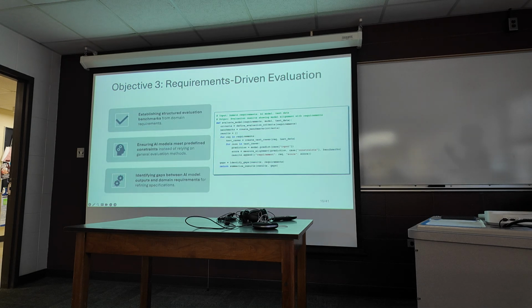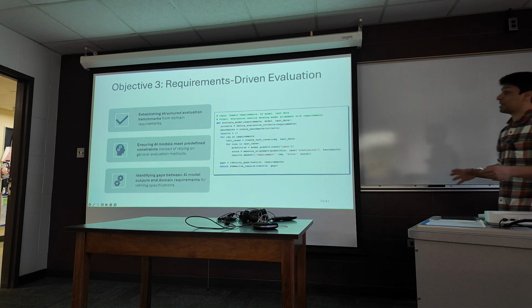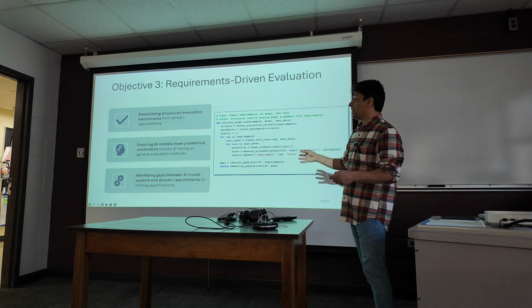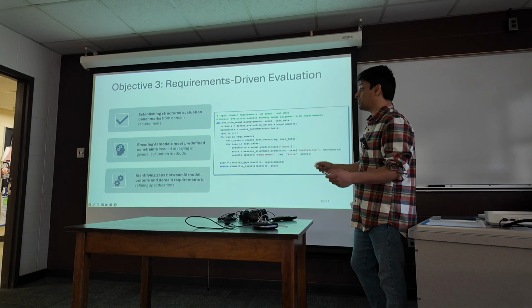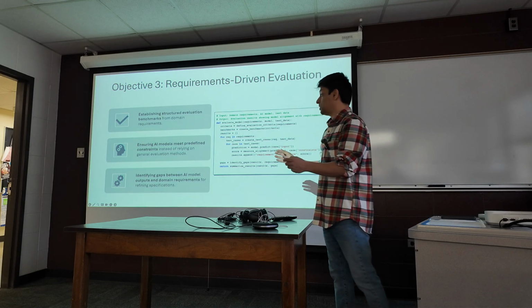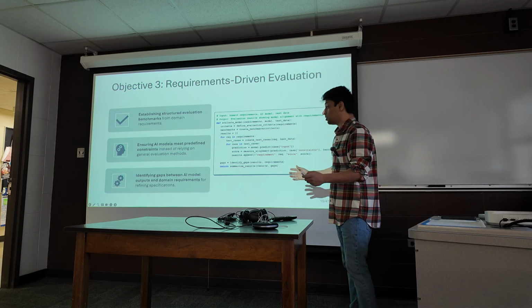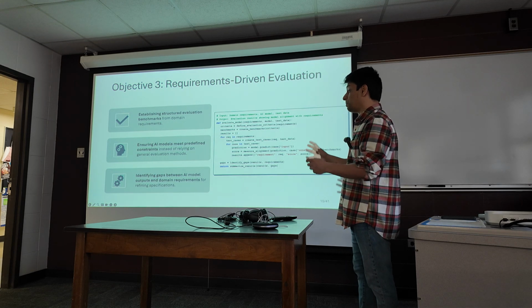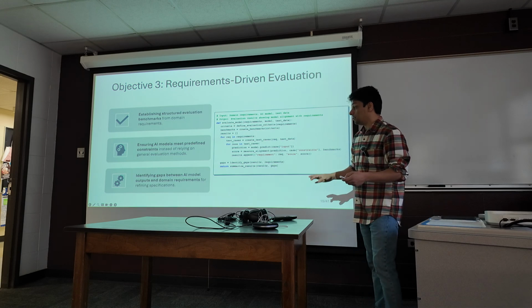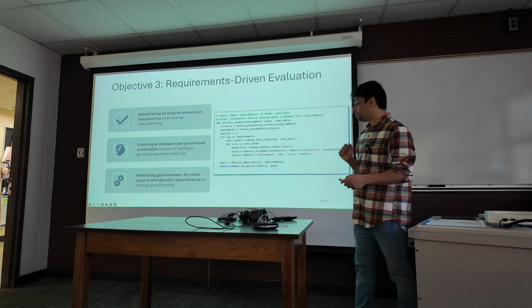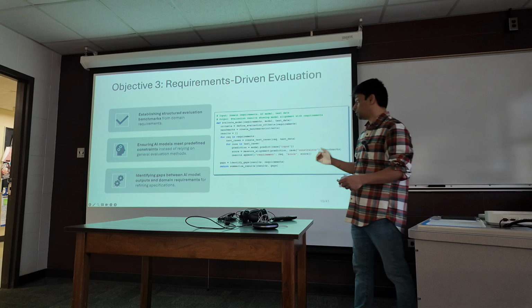So for objective 3, we are establishing a structured evaluation benchmark from the domain requirements to ensure the AI model meets the predefined constraints instead of relying on general evaluation methods. Also, we identify gaps between the AI model output and the domain requirements for defining a specification.